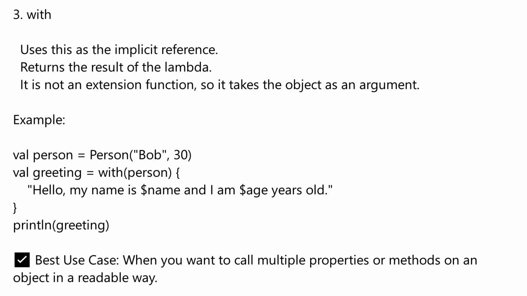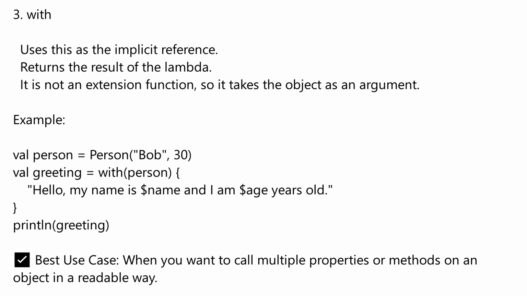We have val person = Person("Bob", 30), val greeting = with(person) { "Hello, my name is $name and I am $age years old." }, then println(greeting).